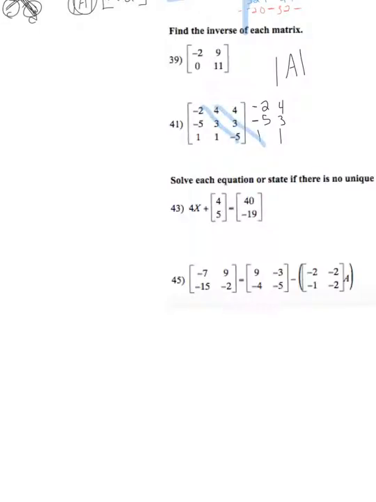The blue ones are going to be the positive ones. Okay, so negative 2 times 3 times negative 5. So that'd be 2 times 5 is 10 times 3, so that's 30. Plus 4 times 3 is 12 times 1, so that's 12. And then 4 times negative 5, that's negative 20 times 1, so that's negative 20. Okay, now I need these diagonals.